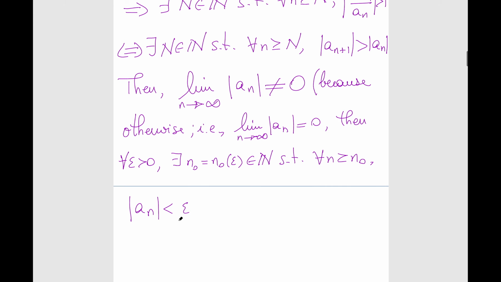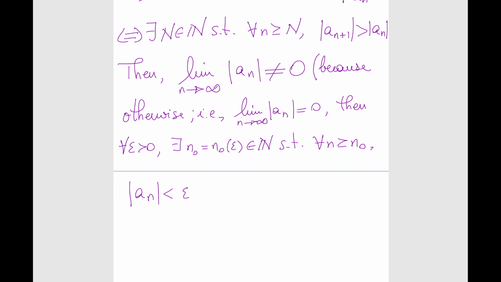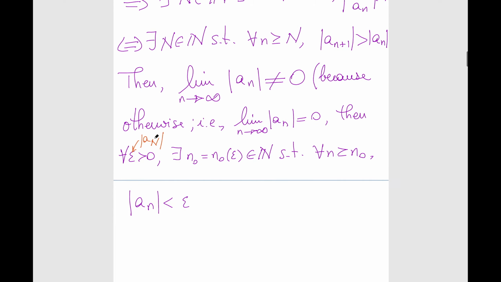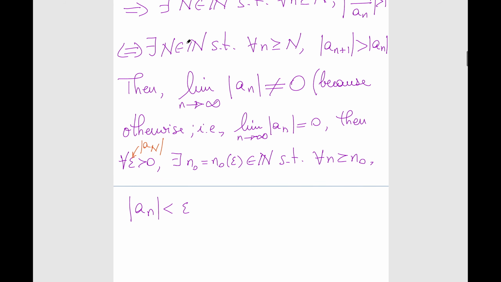Make sense? Okay. Well, I'm going to specialize epsilon to be the absolute value of a sub n. What's this capital N that I'm writing here? It's the N I know from an earlier stage. So I know the N. Choose the capital N-th term of that absolute value of a sub n sequence, and choose it to be epsilon.